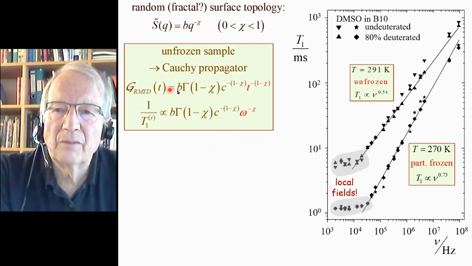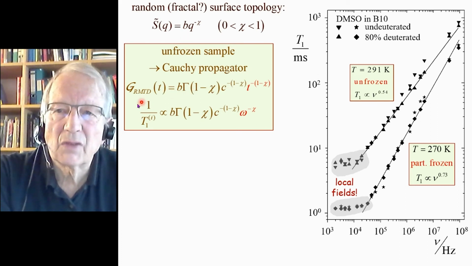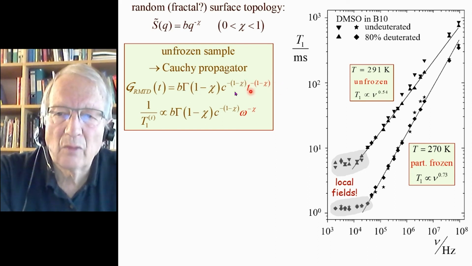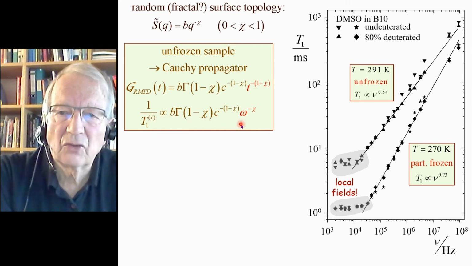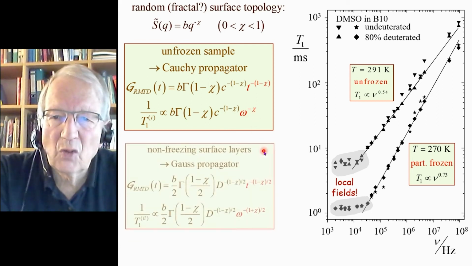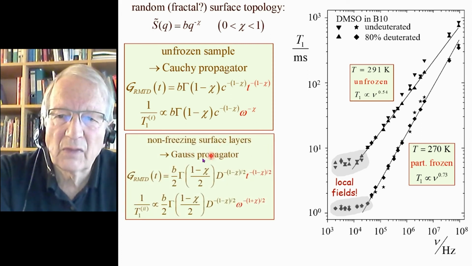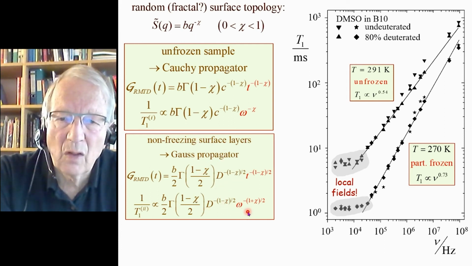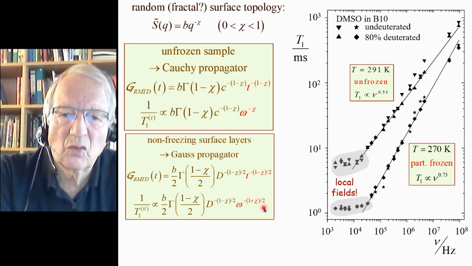And then we would expect, if we calculate the correlation function with the formulas that I've just shown, we get this power law for the correlation function, and this predicts the spin-lattice relaxation rate proportional to omega to the minus chi. And this can be compared with the non-freezing surface layers, where we expect a Gaussian propagator. With the same assumption, we get a power law omega to the minus (1 plus chi) divided by 2.